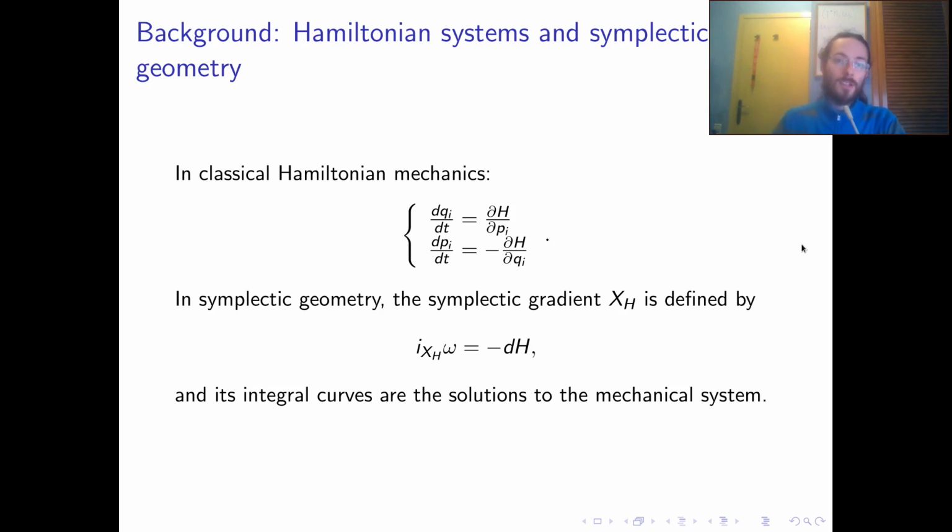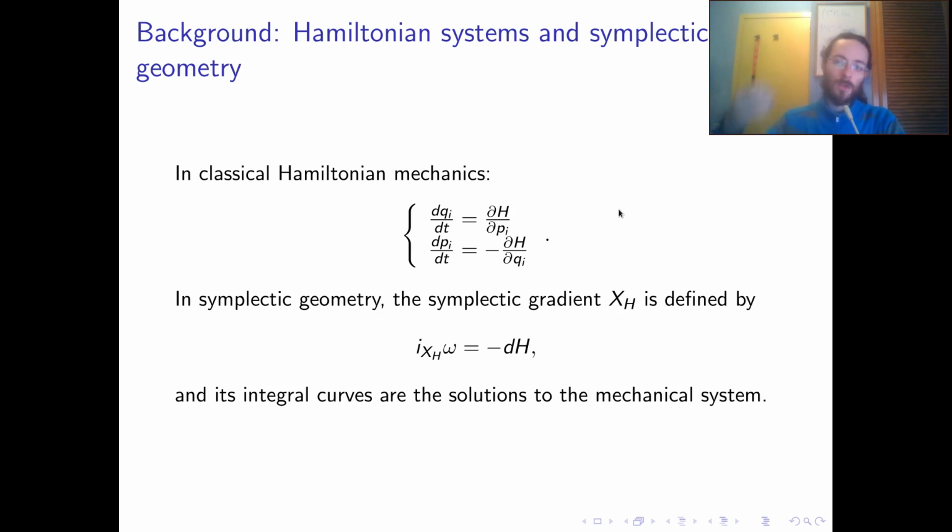In classical Hamiltonian mechanics, when we are given the energy, we deduce the system of ODEs that governs the movement of our particles.